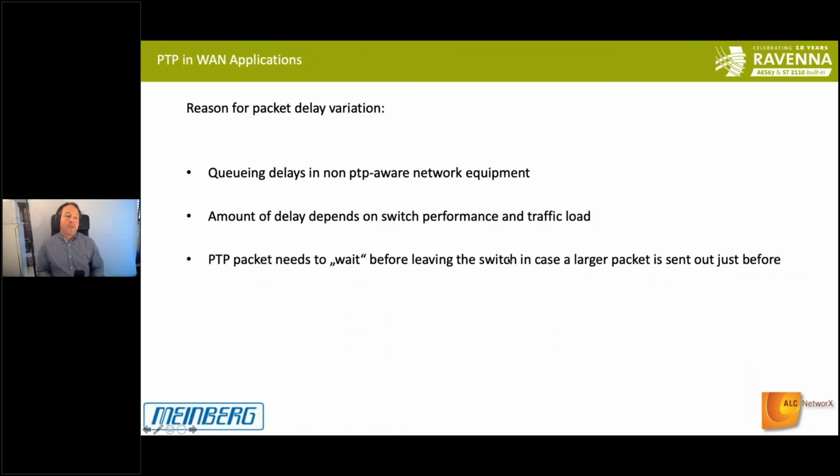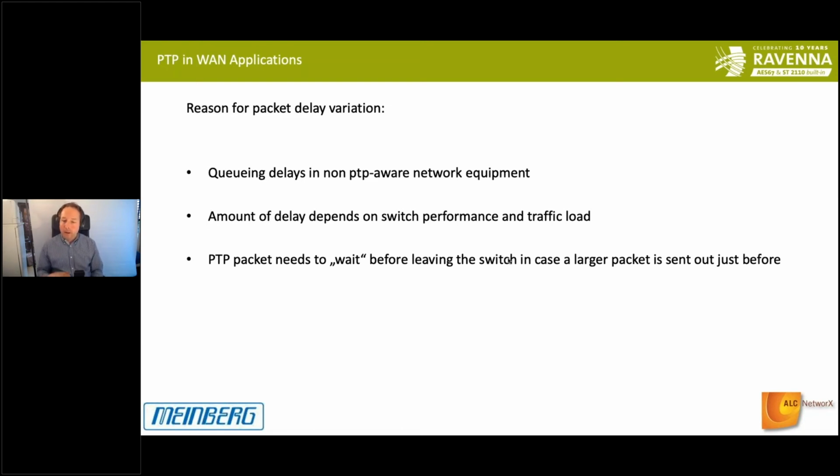So the reason for packet delay variation is basically that there are queuing delays in non-PTP aware network equipment, and the amount of the delay depends heavily on the switch performance and on the traffic load on these switches, because a PTP packet needs to wait before it leaves the switch on a port.